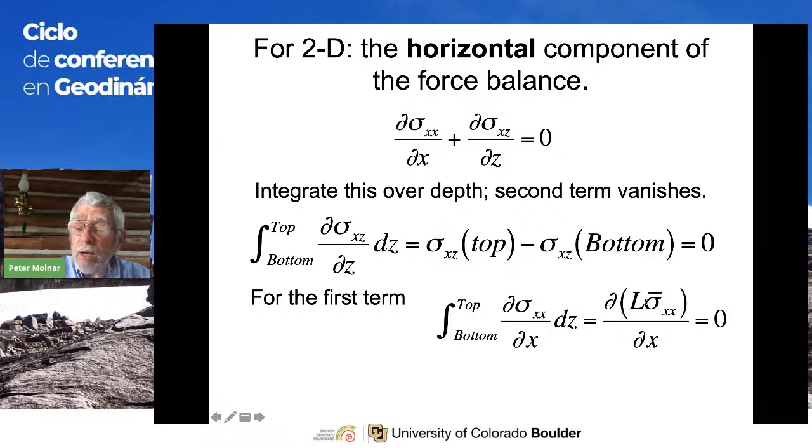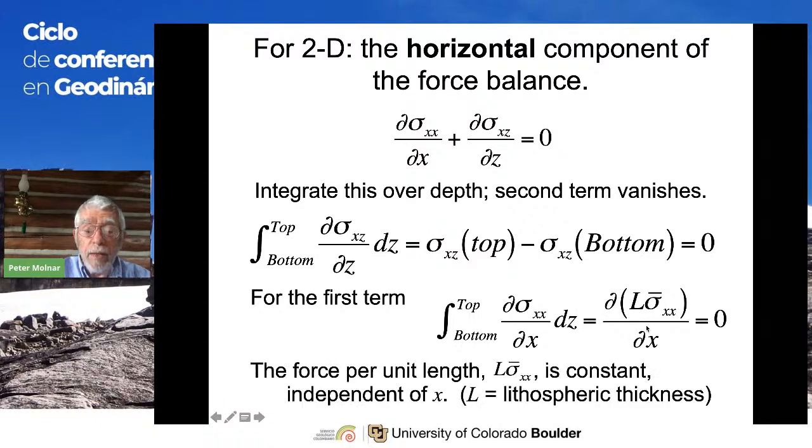Now, this is actually a rather profound statement, because what this says is that if this quantity's horizontal gradient is zero, it means it's constant. This quantity, thickness of lithosphere times the average horizontal compressive stress, is constant, independent of x, independent of the horizontal position.